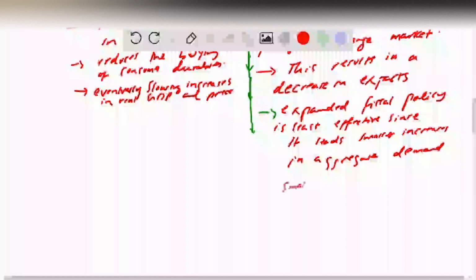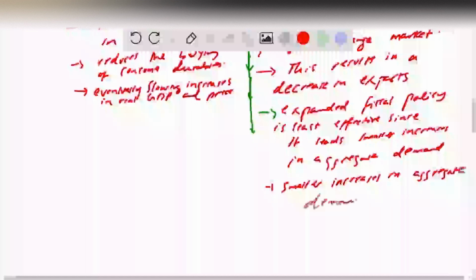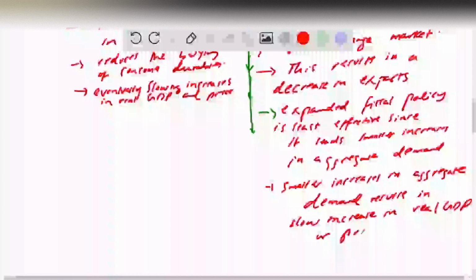And smaller increases in aggregate demand result in a slow increase in real GDP or prices. So that's what happens when it comes to an open and closed economy.